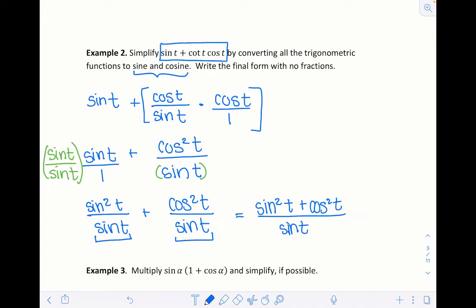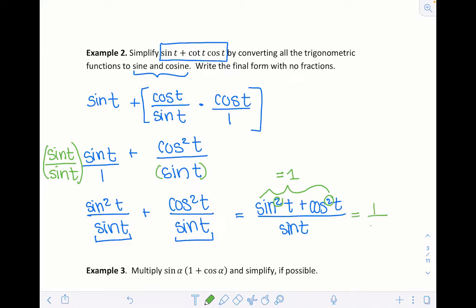What to do now to simplify? Some people might be tempted to split it up into two separate fractions, but that just gets you back to where we had just been. But at this point, this is where I was saying, whenever you see a square, think Pythagorean identity. So if you go back and look at the Pythagorean identities, this is actually the same thing as a 1. So I can replace it with a 1.